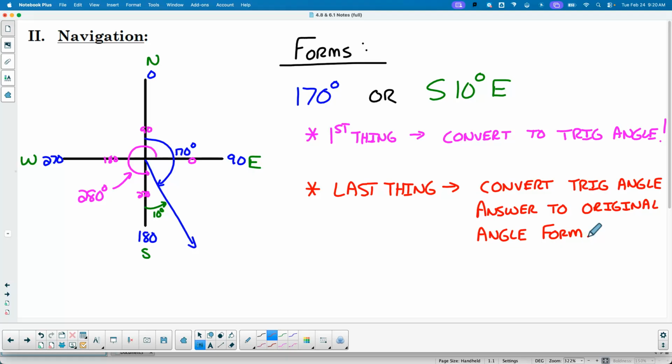Meaning, if you were given the bearing, the blue bearing angle, you would have to convert your trig angle at the very end back into a bearing angle. If you're given south 10 degrees east, at the very end, you're going to have to convert it back into north-south, some angle east-west. Okay?